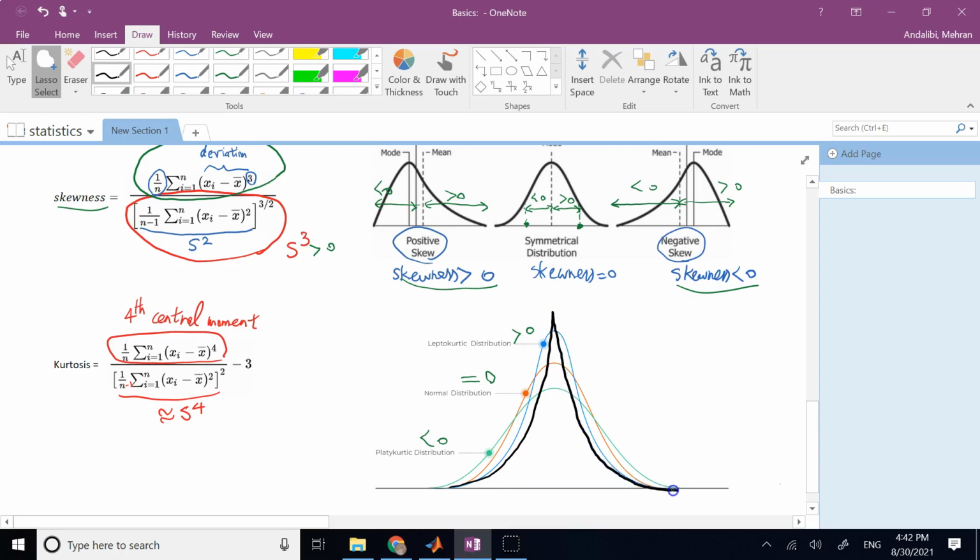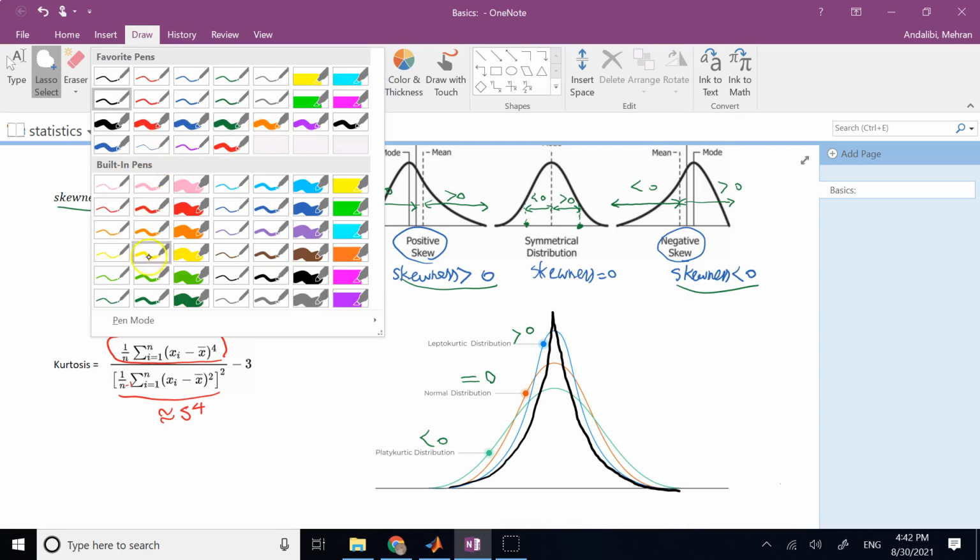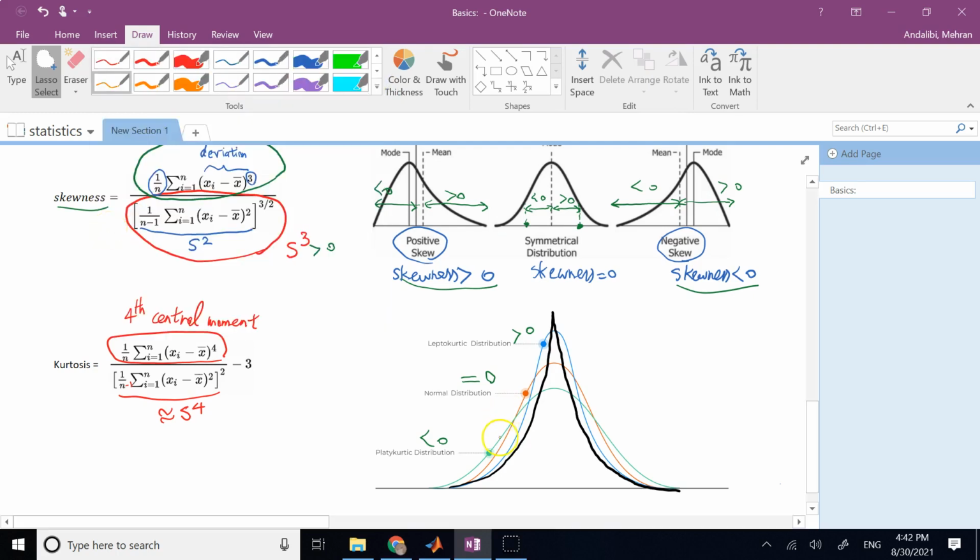Here the kurtosis is a very big positive number. And if you want something that is a negative number, then you need something like this, very, very flat. This is a very large negative number, I'm sorry, and this black one is a very large positive number.